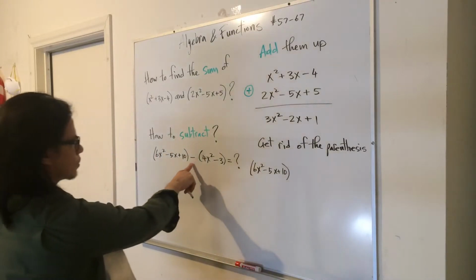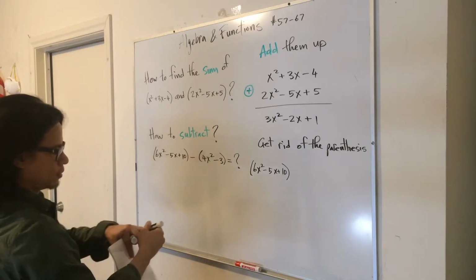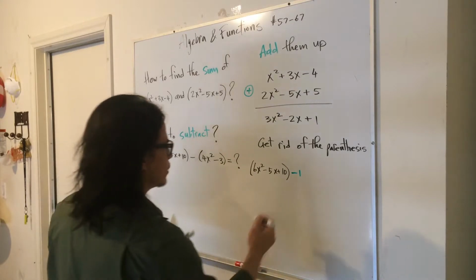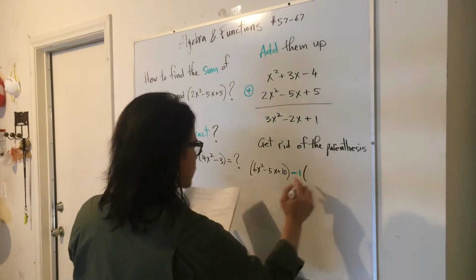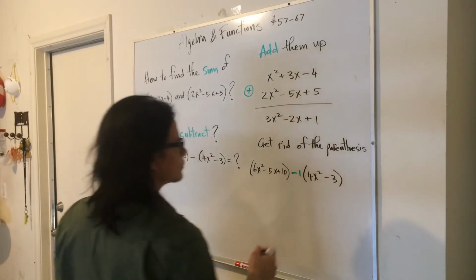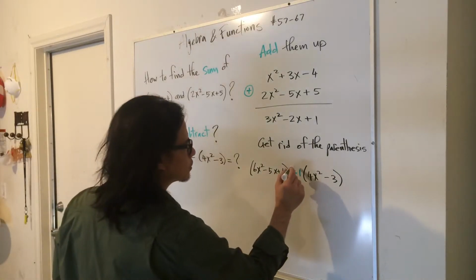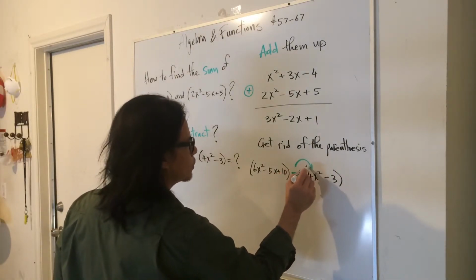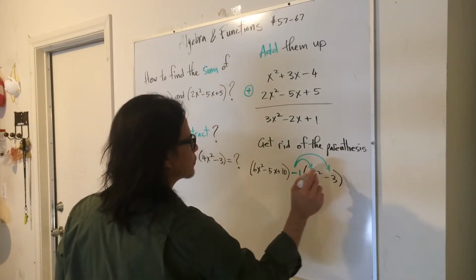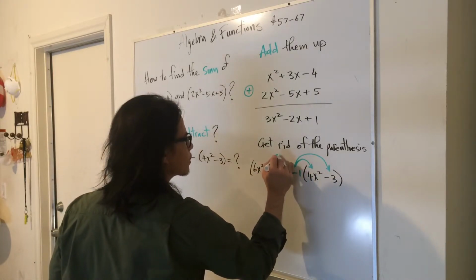And now I'm going to assume that there's a 1 out front, even though we don't see it. This will help us when trying to get rid of the parentheses here. 4x squared minus 3. Because we're going to distribute here. You can take negative 1 times 4x squared and then negative 1 times negative 3.